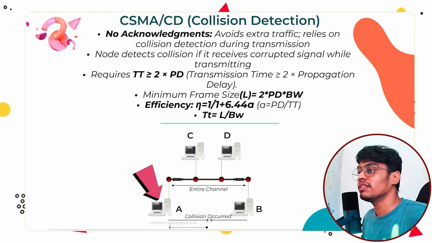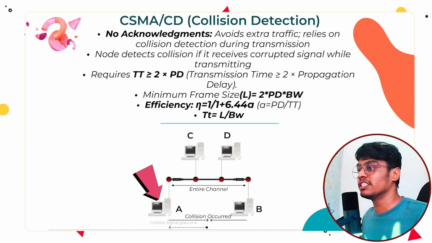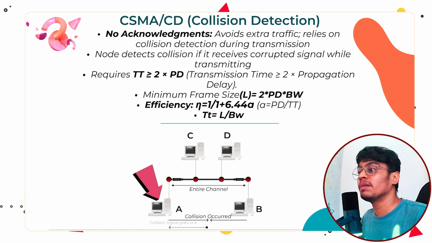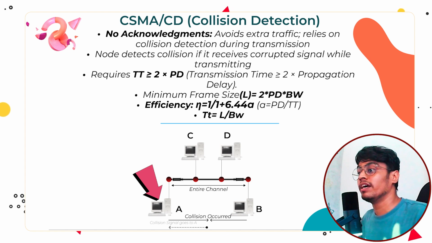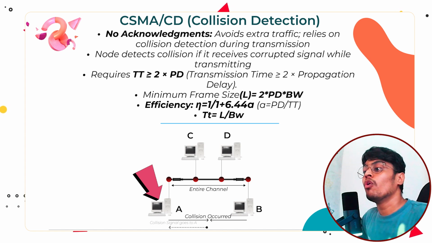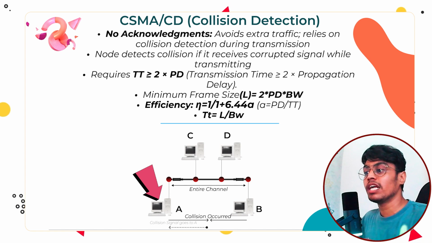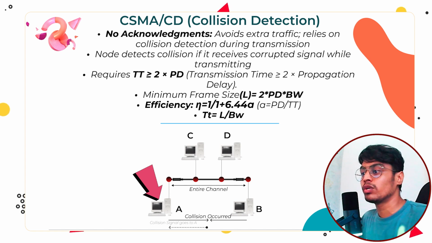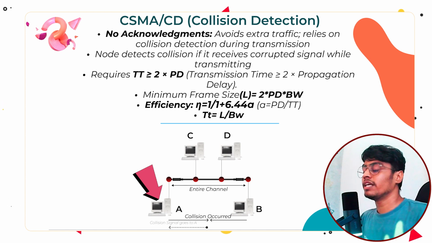But if we consider that A's transmission has finished, meaning A has completed transmitting its data and is now idle, and some time later collided data comes to A, then A cannot judge whether it was its own data or some other station's data that collided, because at this time A is not doing any transmission. So only when you are actively transmitting and at the same time your data collides and the collision signal comes back to you, only in this case will you know that it was your data that collided.